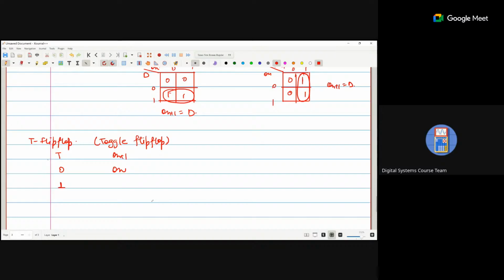And when T is 1, that means Qn plus 1 is Qn bar. So this is my truth table.